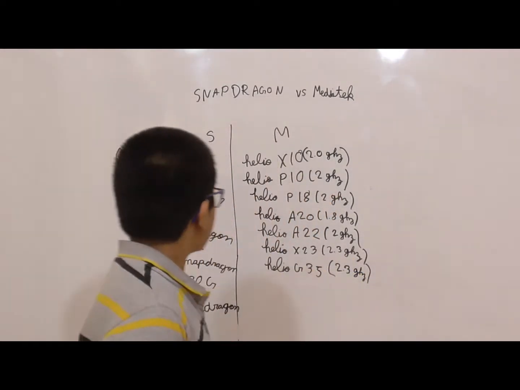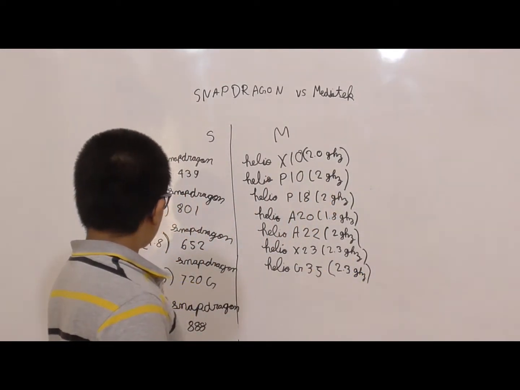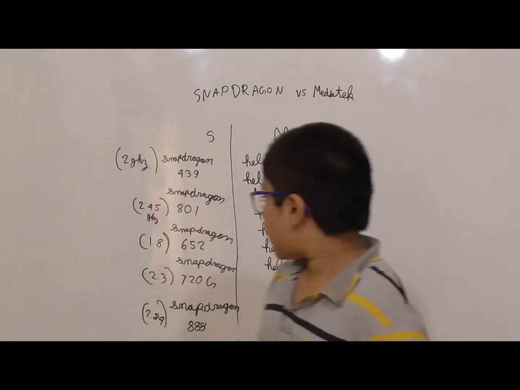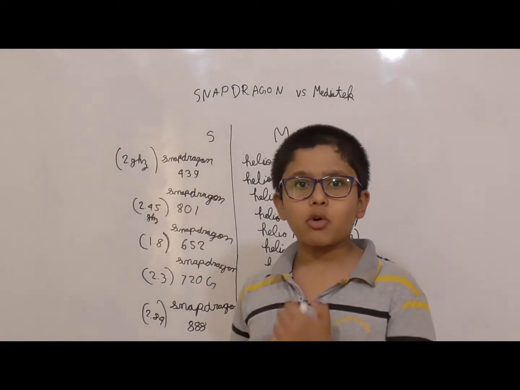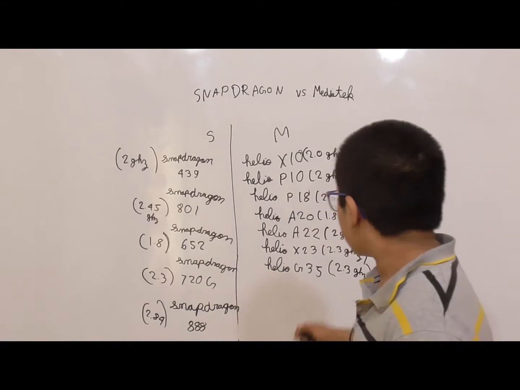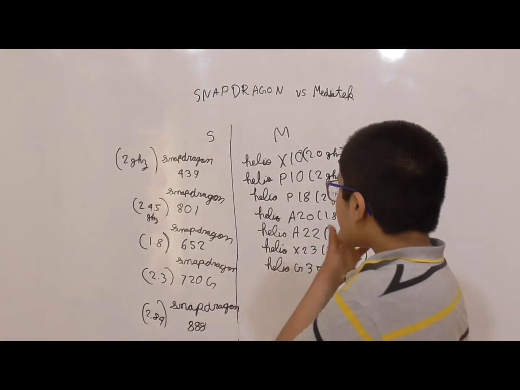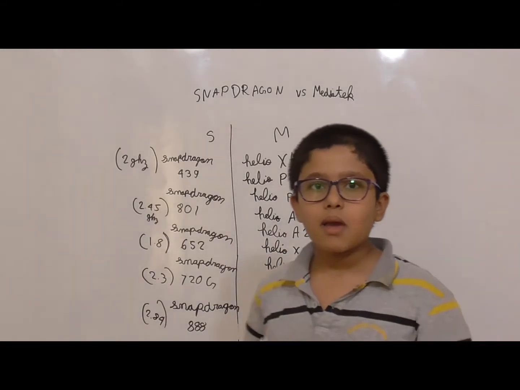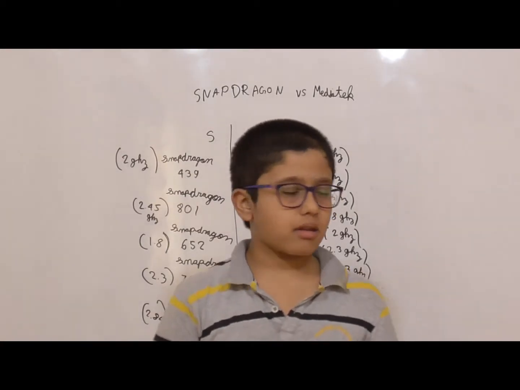And Snapdragon 720G has 2.30 GHz, while Helio A20 is still 1.8 GHz.